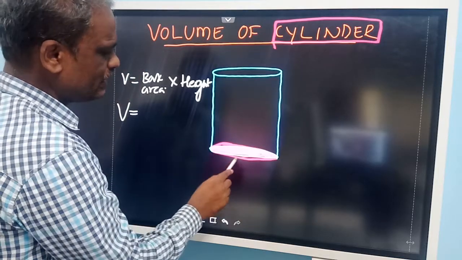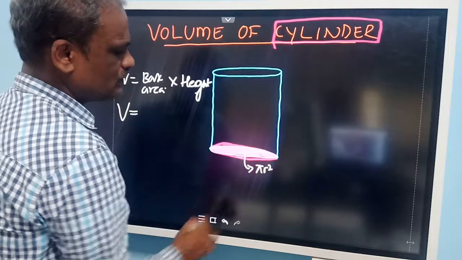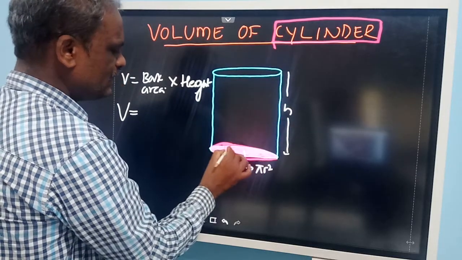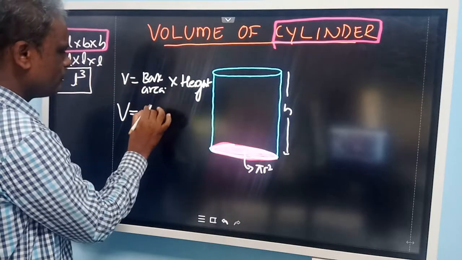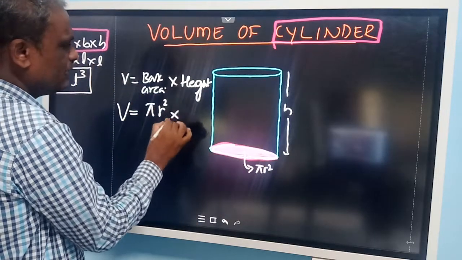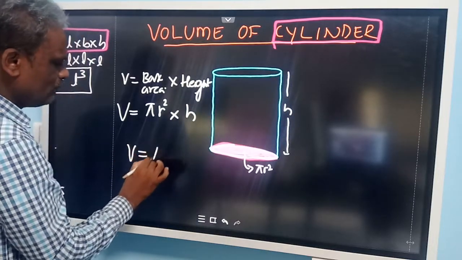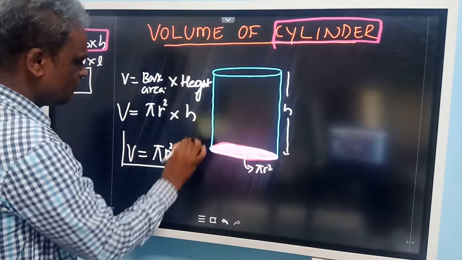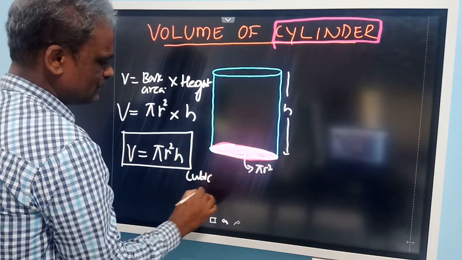It is circular in shape. What is its area? It is pi r square. Let us take the height as H units. So this base area is pi r square, into height H. So the volume formula is pi r square H. This is the formula to find the volume of a cylinder.